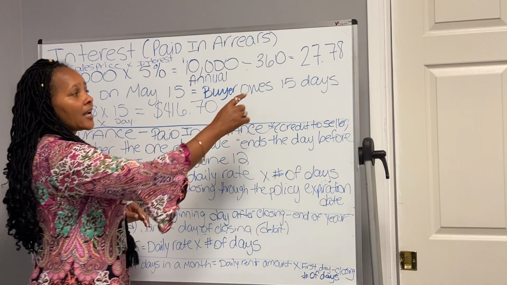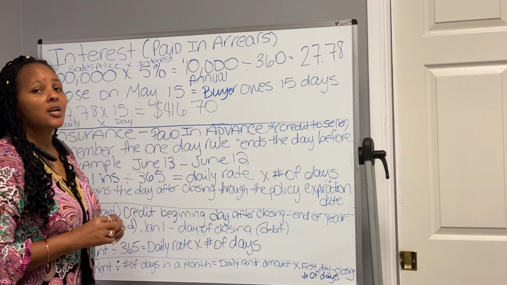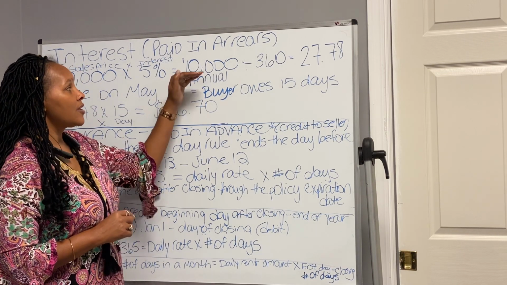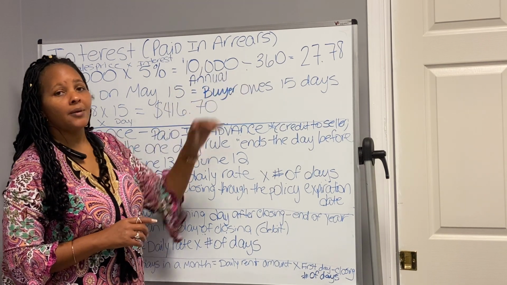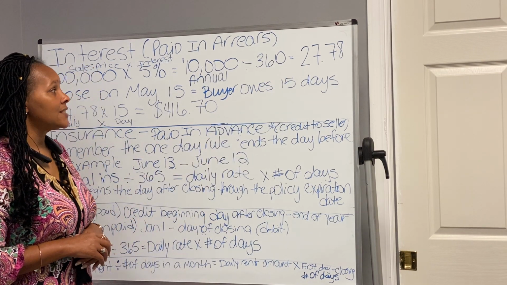That's our daily rate. What we want to figure out is how much interest is being paid per day. So it's $10,000 per year, divided by the 360 calendar year, gives $27.78.